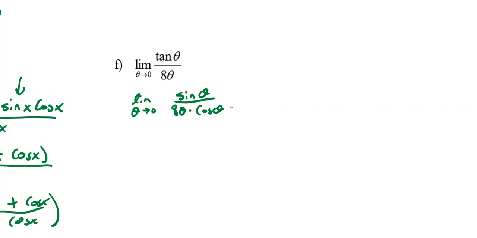Now for this part, we just need to split it up. So this would be the same thing as the limit as theta approaches 0 of 1 over 8 times sine theta over theta, perfect, we know what that is, times 1 over cos theta. So it's the same thing, I just wrote it differently.